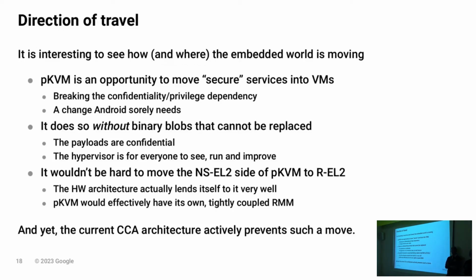And we would have a fully self-contained, realm-capable hypervisor, where you can upgrade everything in lockstep, where you can have some degree of flexibility between non-secure and realm, and reap the performance, as there are a lot of low-hanging fruits there that we could benefit from. But yet the CC architecture actively prevents this with the RMM.